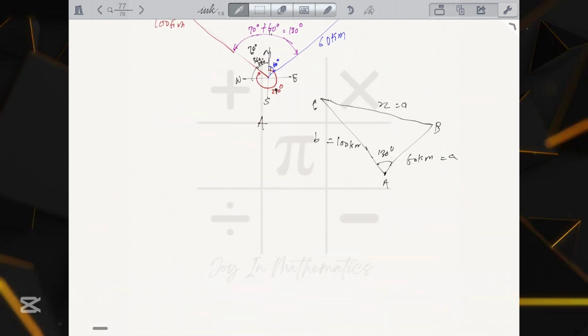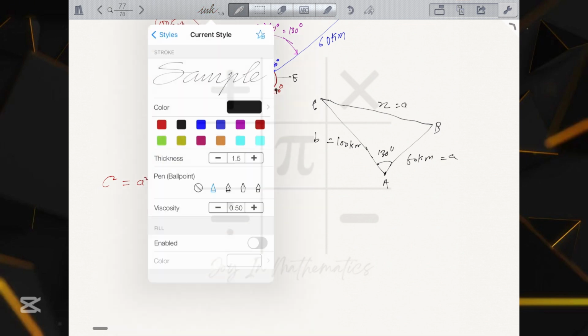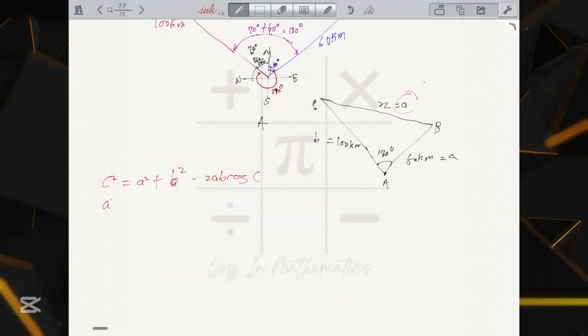So applying the cosine rule, we have a squared is equal to b squared plus c squared minus 2bc cos A. In this case, a is equal to X, so we have X squared equals 100 squared plus 60 squared minus 2 into 60 into 100 multiplied by cos 130 degrees.